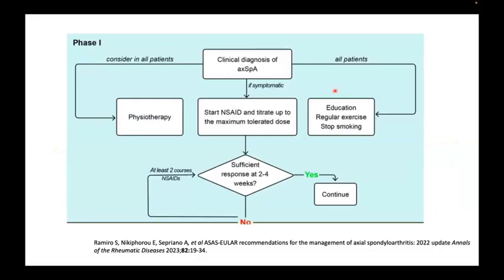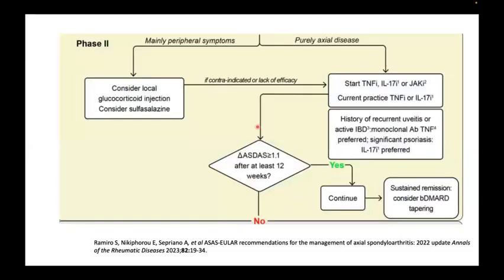And as you know, in the updated ASAS-EULAR management recommendation, in phase 1, after the trial with NSAIDs, if the patient is not responding, you go to phase 2. In phase 2, here you can see how you use the ASDAS. If the ASDAS improvement is more than 1.1, you continue.